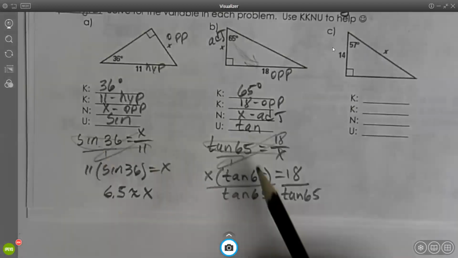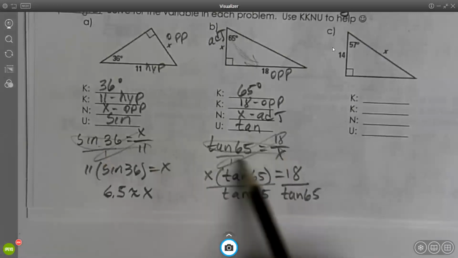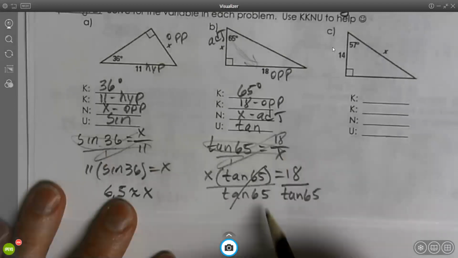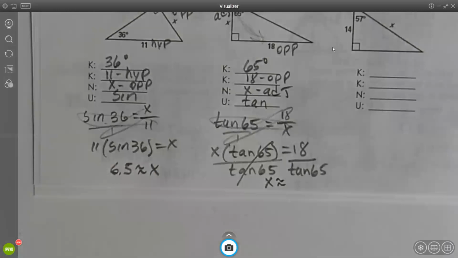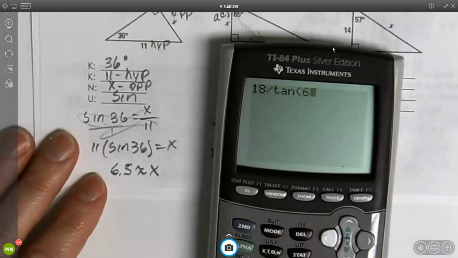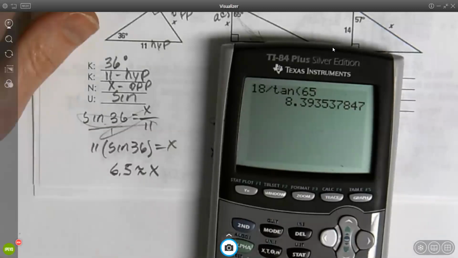But in this case, we bring the x across, we have to move the tangent of 65 away. So the x value is approximately going to be 18 divided by the tangent of 65, 8.4 if we're rounding to the nearest tenth.